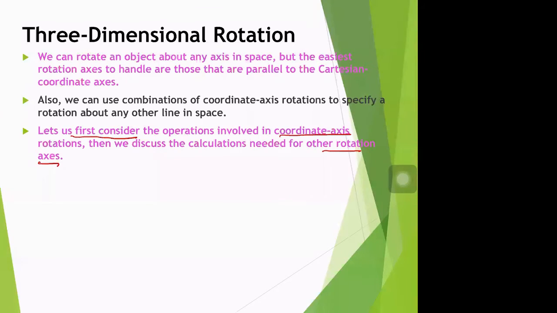So I have a coordinate axis x, y, and z. Rotation with respect to this axis is what we call a rotation with respect to the coordinate axis. If I have some object, why do I have to deal with this axis itself?